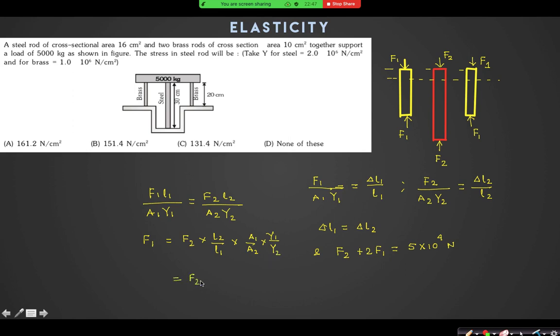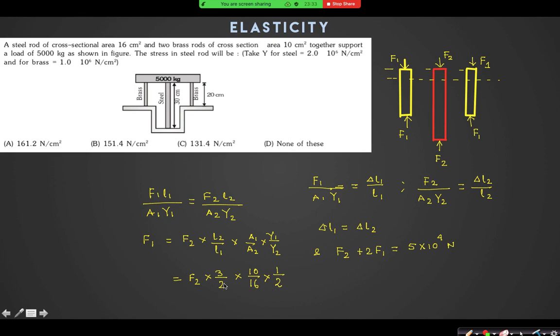L2 by L1 is 3 by 2. A1 by A2, brass divided by steel: brass rod has cross section area 10 and steel has 16, so 10 divided by 16. Y brass is 1 into 10 power 6 and Y steel is 2 into 10 power 6.